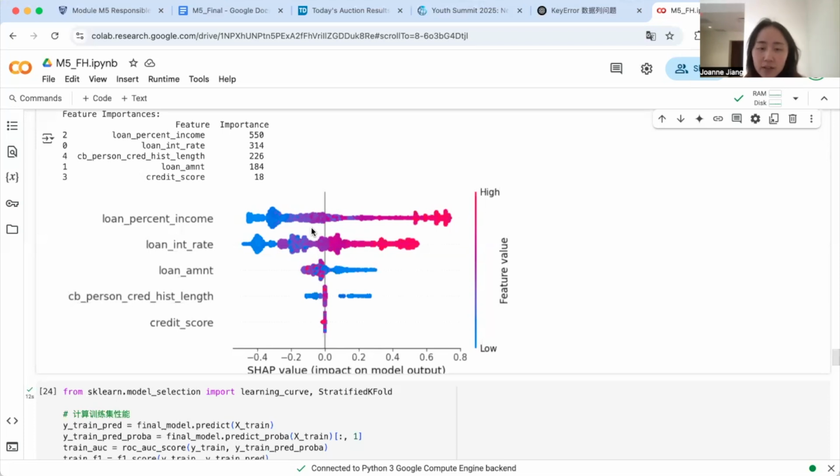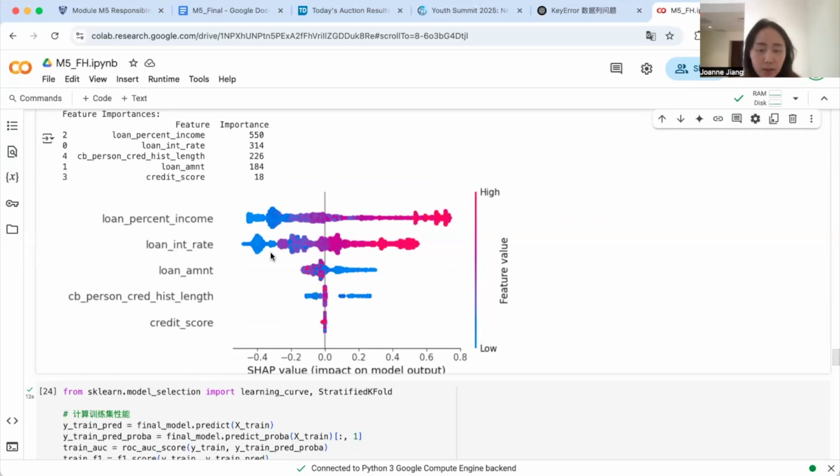Similarly, a higher loan interest rate significantly decreased approval probabilities, while loan amount had a moderate influence, with mid-range values associated with higher approval likelihood. This insight confirms that the model's decision-making aligned with industry best practices in credit risk assessment.